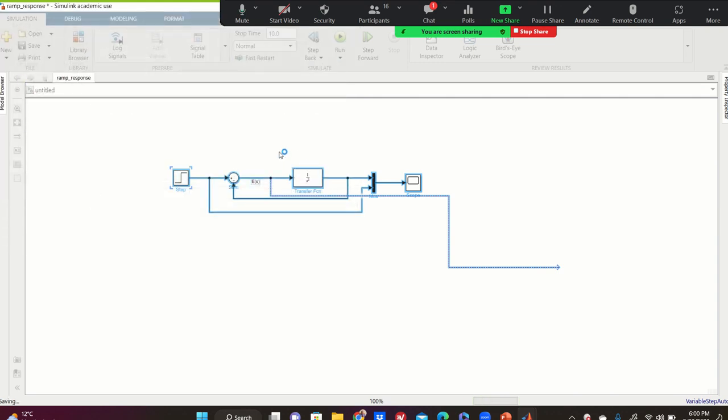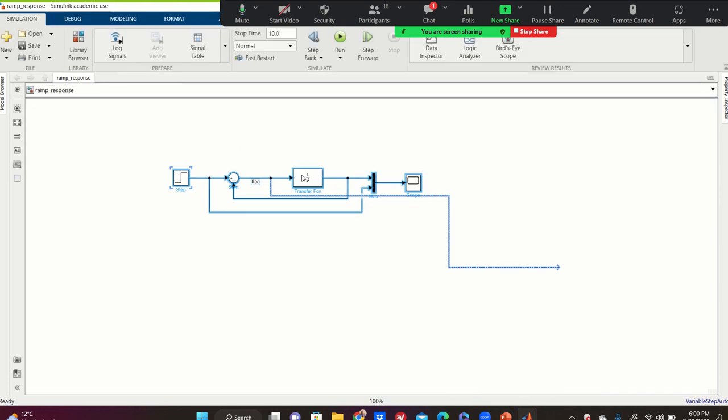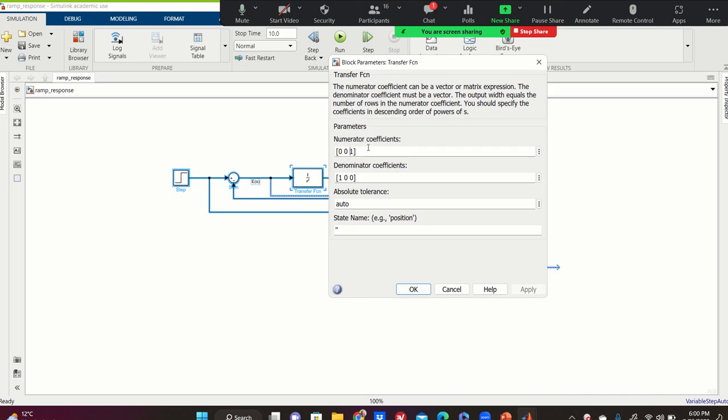response. Okay, first of all, we don't need to change the transfer function because here is open loop transfer function. So double click on this. So it's a first order system. We're gonna say 0 and 1, and here is 1 over tau s. Your tau is 2. Here we go. Understand, everyone?